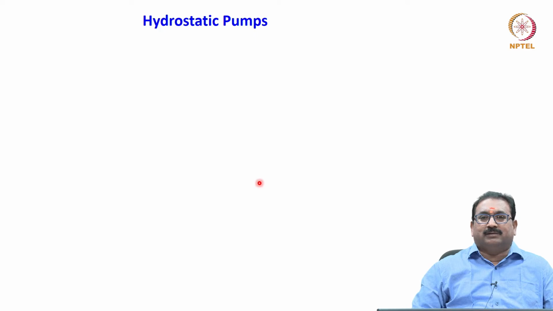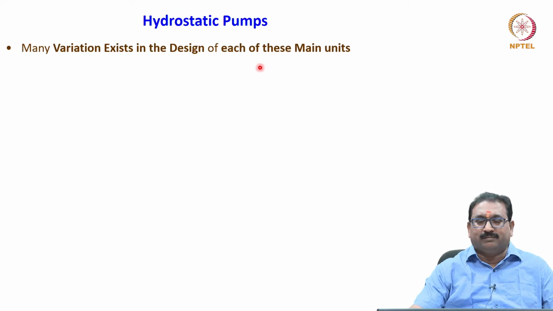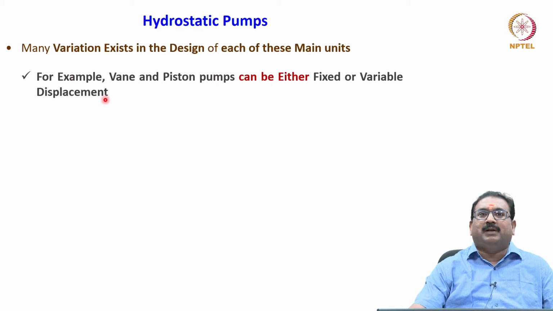Let us now concentrate more on the hydrostatic pumps, not the hydrodynamic pumps. Hydrodynamic pumps you already studied in fluid mechanics, as I have told you previously. Many variations exist in the design of each of these main units: gear, vane or piston. For example, the vane and piston pumps can be either fixed displacement or variable displacement.